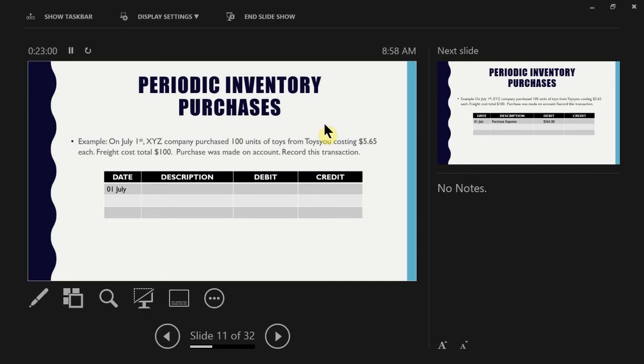So what do we know about expenses? What's their normal balance when it comes to expenses? They're increased by debits, correct. And here's a little terminology that we need to understand because this is common. When anything is placed on an account, the assumption is, did we pay for this item right now? No. We didn't pay them right then and there.